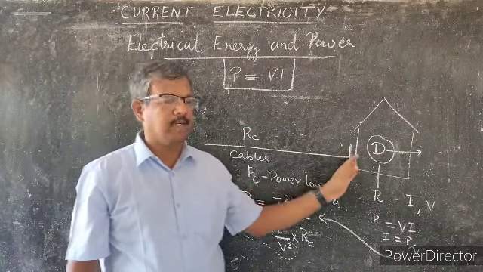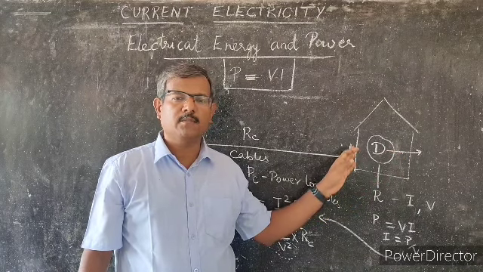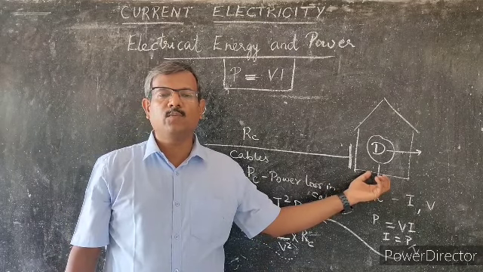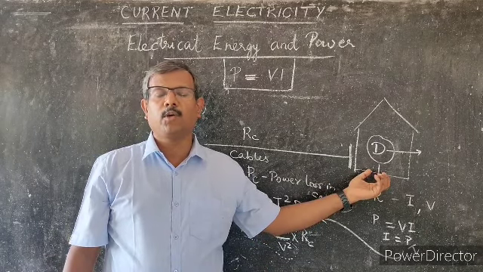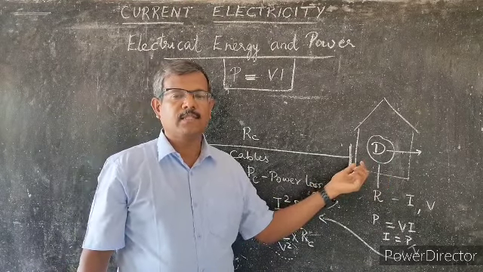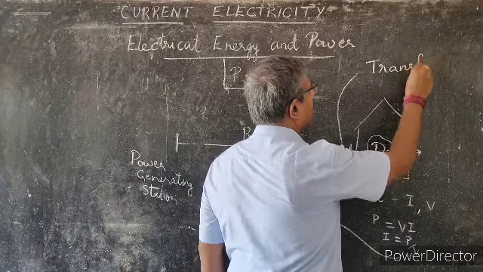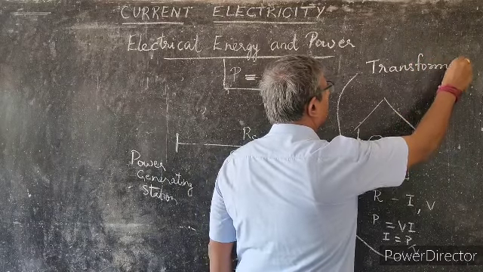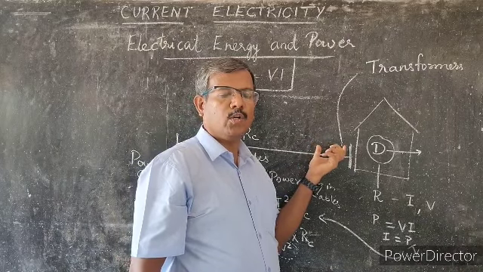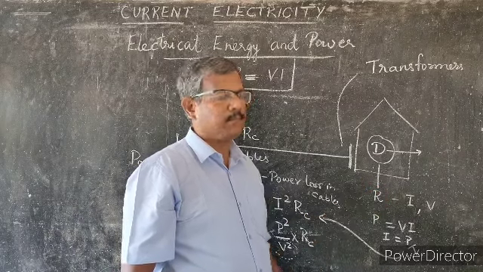Then what happens at the end? Do we end up using our devices at the same voltage? No, it's not possible, because at such high voltages, our regular devices would cease working. They'll just end up in an explosion. So at the end point, we have something called transformers. These transformers reduce the voltage from 50,000 volts or 35,000 volts to a much more usable 220 volts.